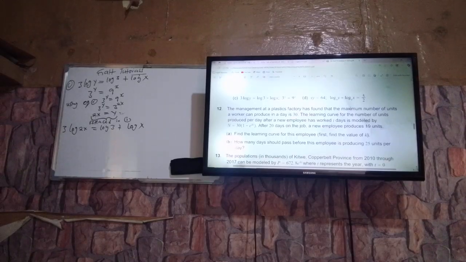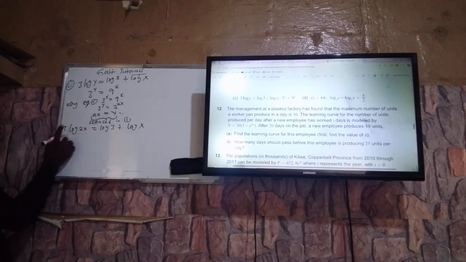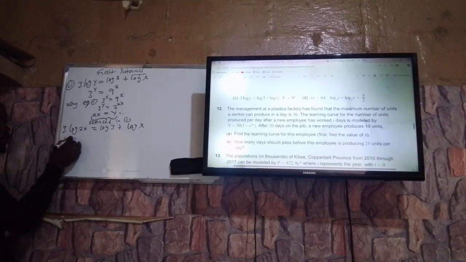Now let's simplify things. Let's take everything which has a variable on one side. This one has x, this one has x. The 3 can go on top, so this is going to be log of 2x power 3.